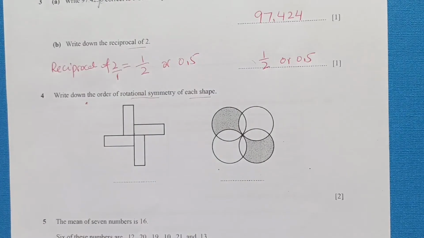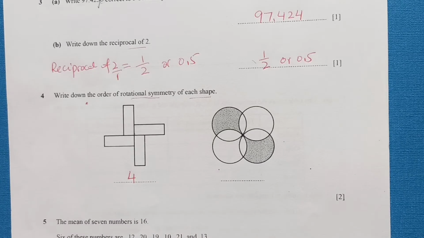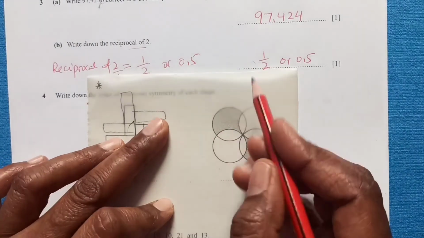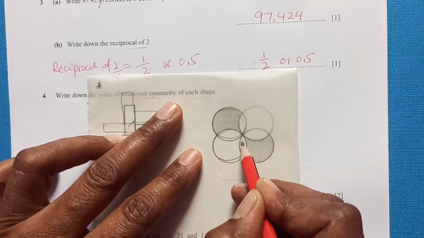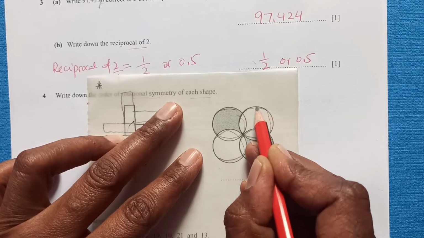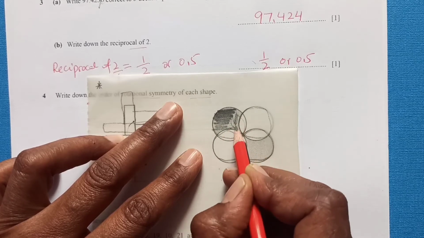So the rotational symmetry here is 4. Similarly, we can do the next question. We can just draw a rough diagram, we can just trace the shape. Here we have the shaded part. You have to be careful with the shaded part here.